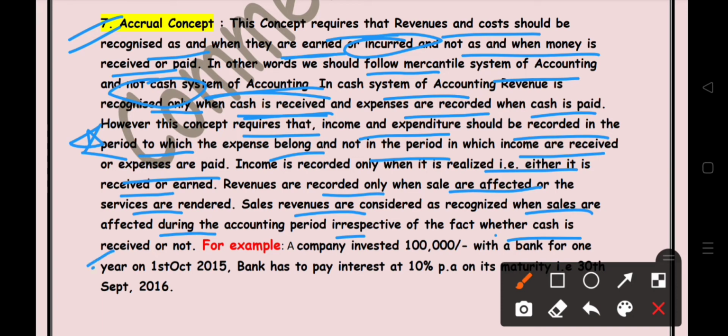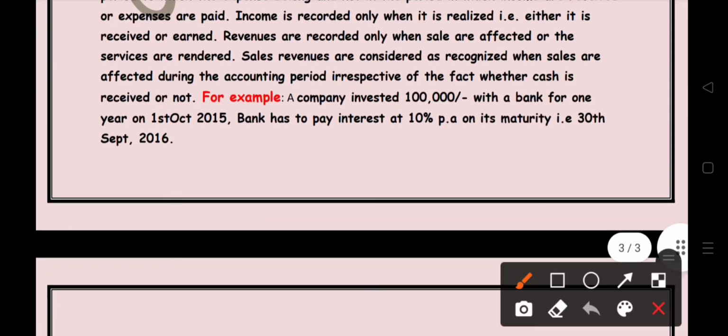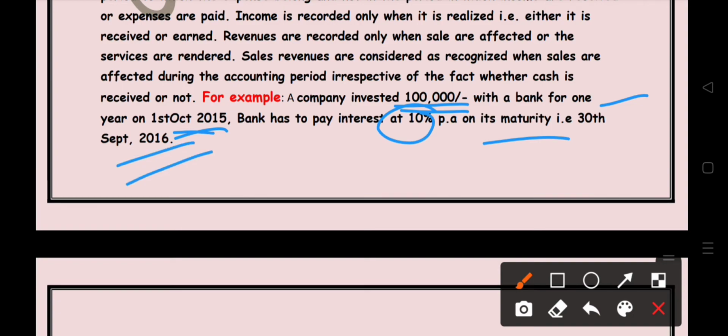Okay. Now let us see the example. For example, a company invested rupees 1 lakh with the bank for 1 year, that is from 1st October 2015. The bank has to pay 10% per annum on the maturity date of 30th September 2016.